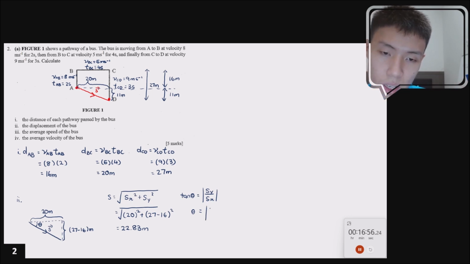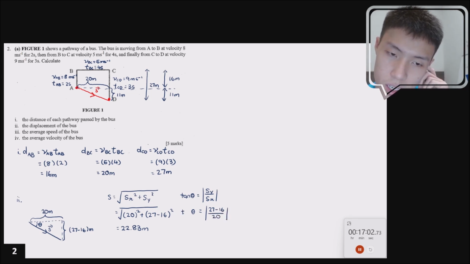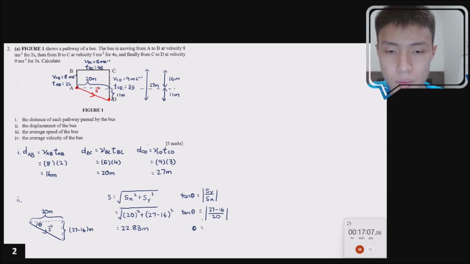So this one will be 27 minus 16 divided by 20 by doing tangent theta. Okay, so theta should be equals to tangent inverse, 28 degree.